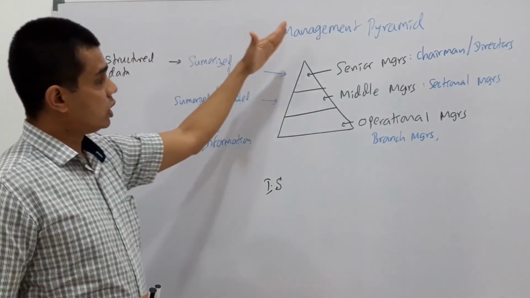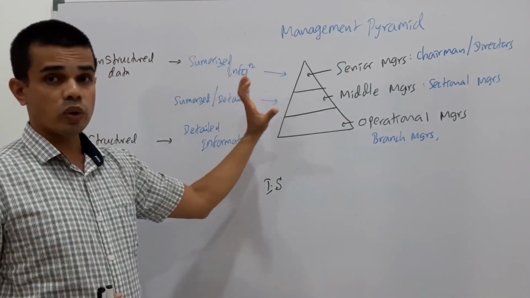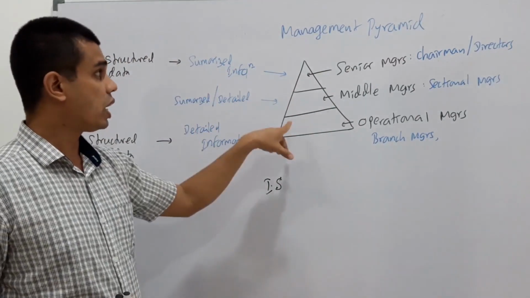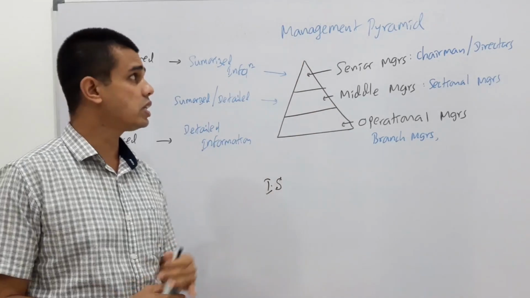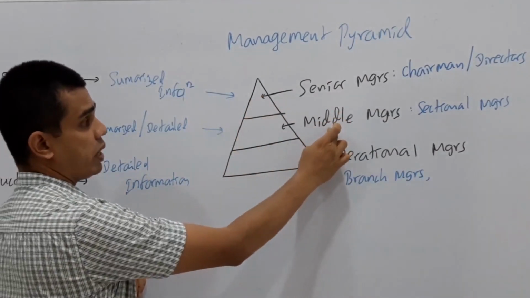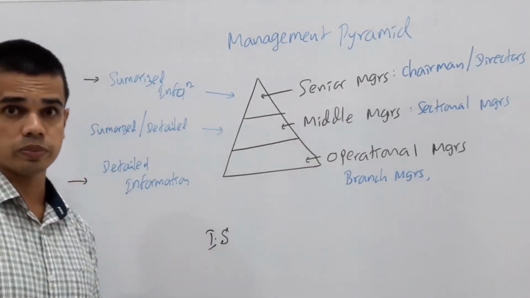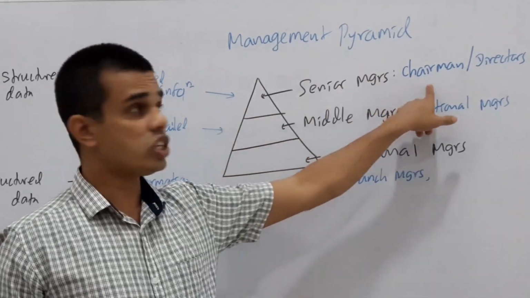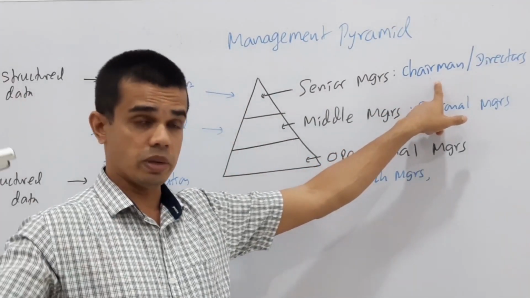Right. Now, the managers as well as the employees, even the controlling body of the organization, are categorized into three main categories according to our expectation: senior management, middle management, as well as operational management. Normally, senior managers are the chairman of the company, the head, the owner maybe.